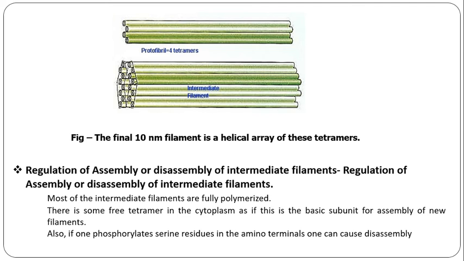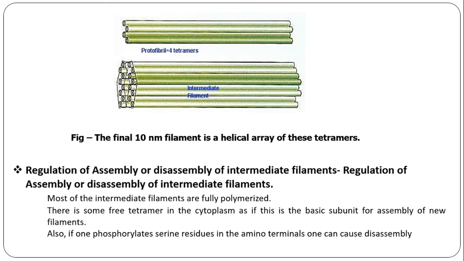So if you label the tetramers and add them to cells that produce that type of intermediate filament, the tetramers become incorporated into the cytoskeleton system, and the label is seen in a linear, squiggly array.